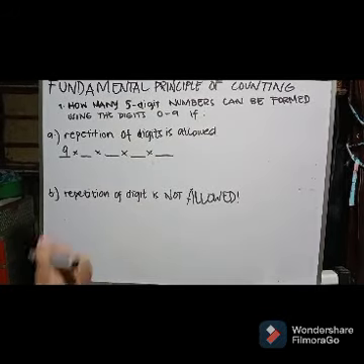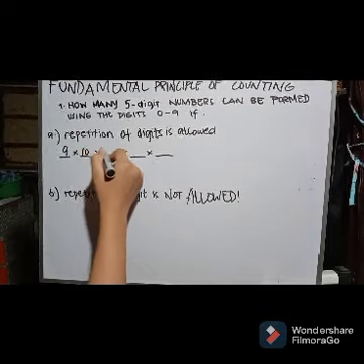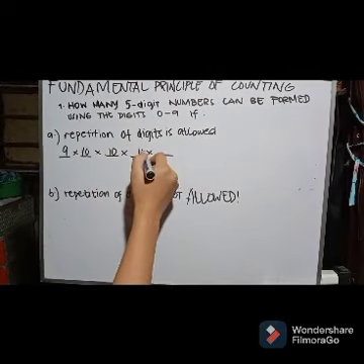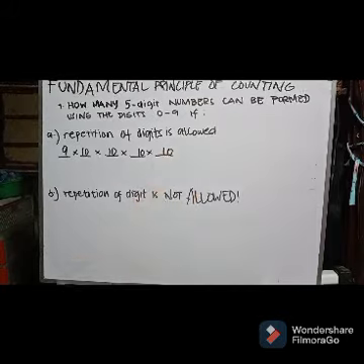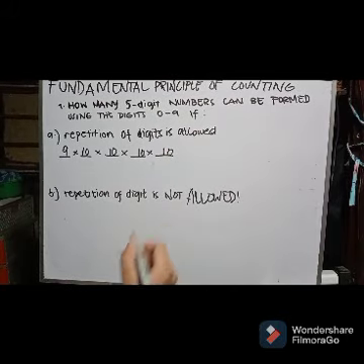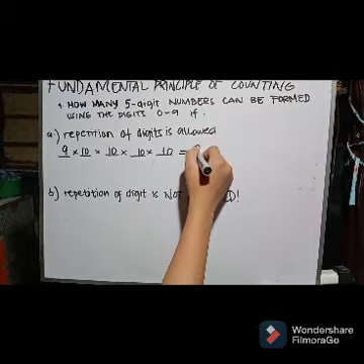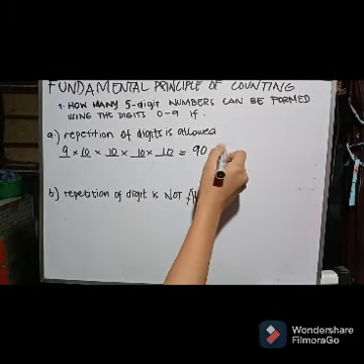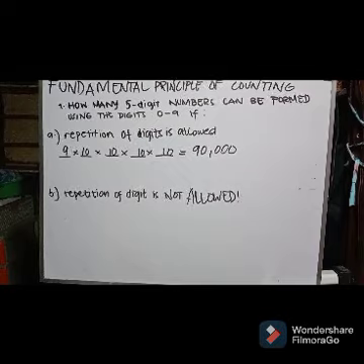So next is 10, 10, 10, and 10, because repetition of digits is allowed, so we use all 10. So it is equal to 90,000.